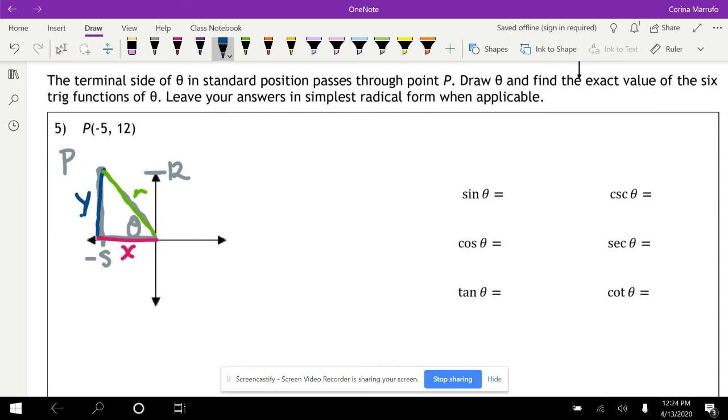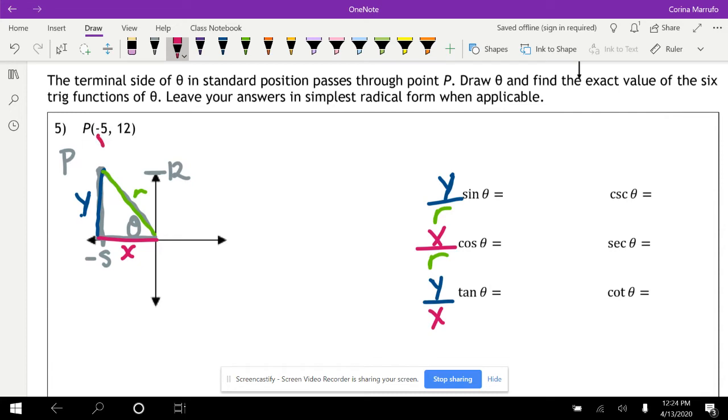So for sine, your sine is your opposite, which is y, over your hypotenuse, which is r. Okay. And then for your cosine, it's going to be your adjacent, which is your x value, over your radius, r, your hypotenuse. And then your tangent is your opposite over your adjacent. Your opposite is y, over your adjacent is x.